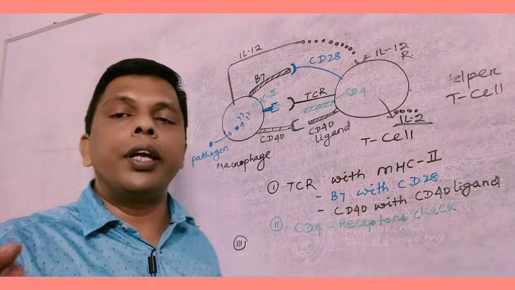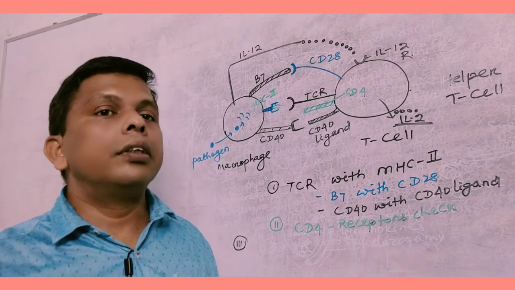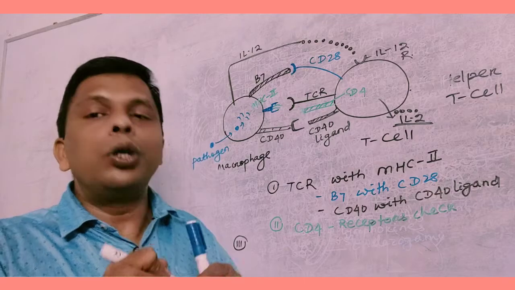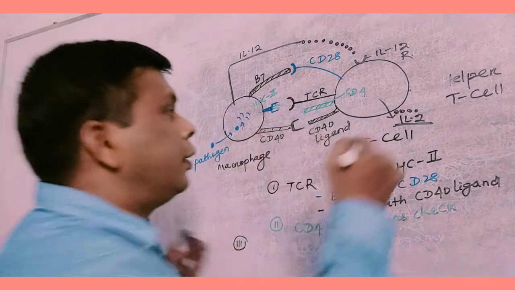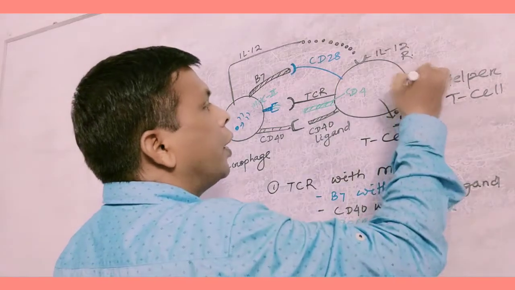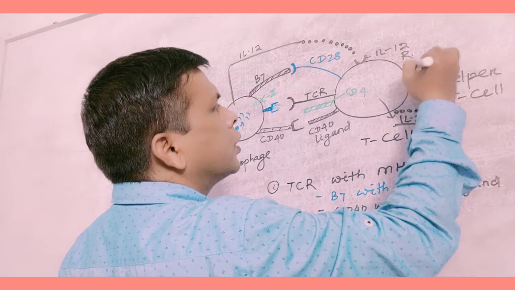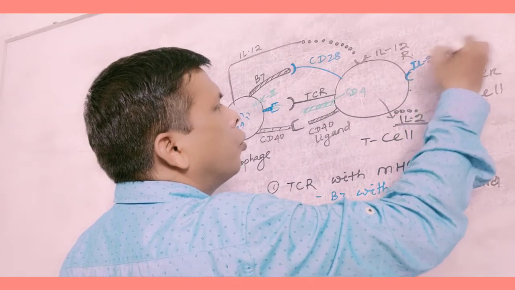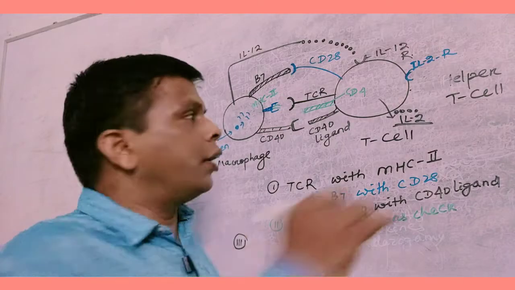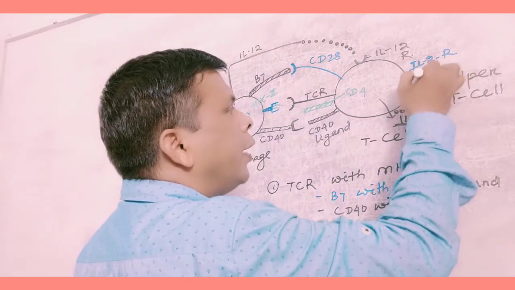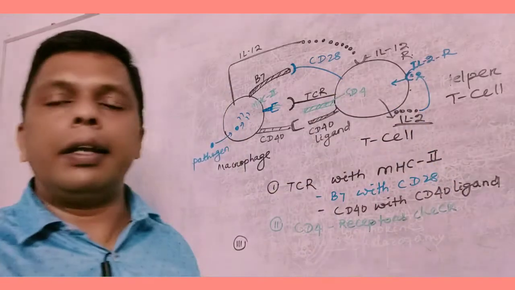It is an endogenous substance, not exogenous. When interleukin 2 is released, immediately the T cell produces the interleukin 2 receptor. This interleukin 2 binds here and again goes to the T cell.